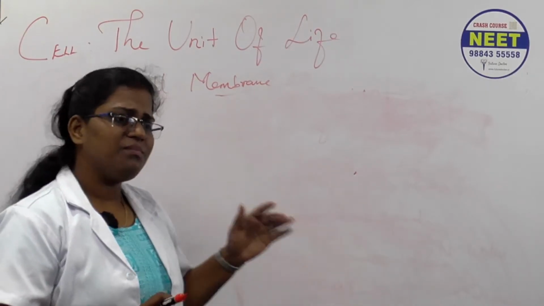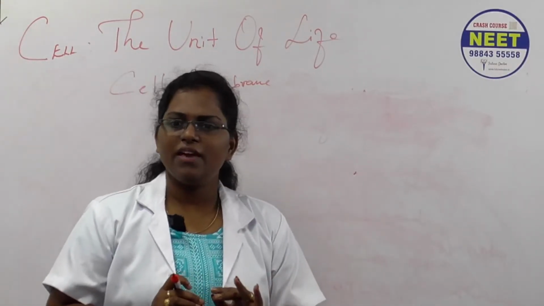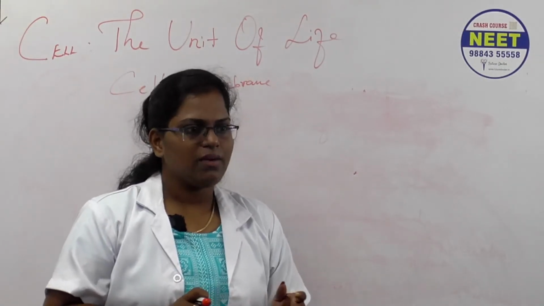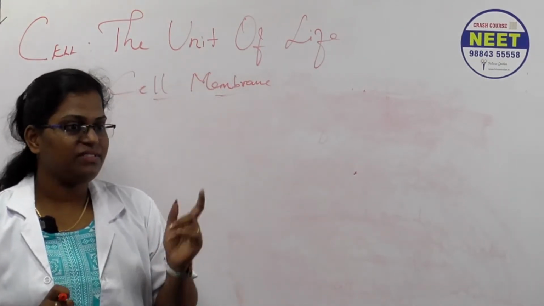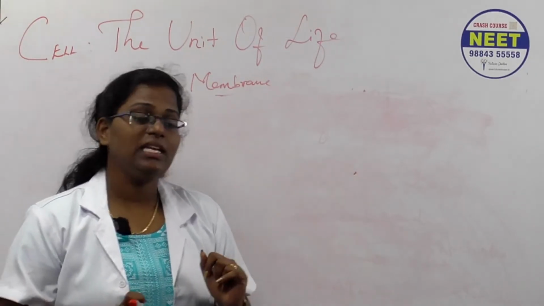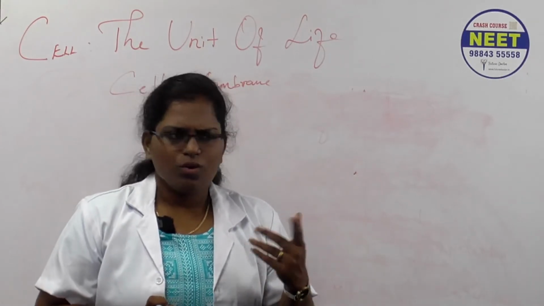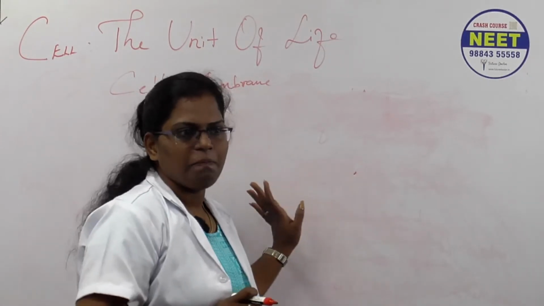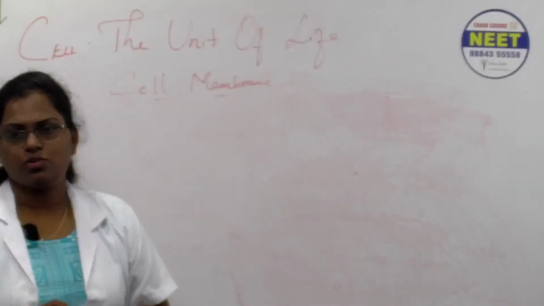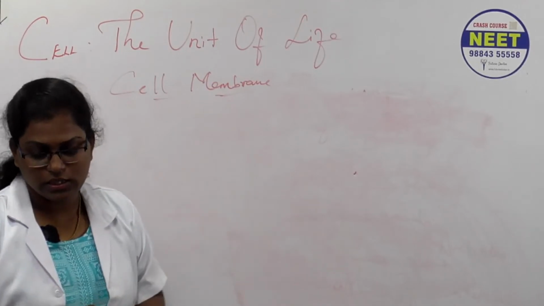They discovered the cell, but who gave the final shape? Richard gave the final shape, in 1855, and after that also no one was able to see the cell in detail. The electron microscope was invented around 1900.